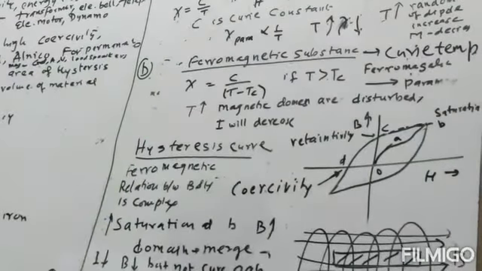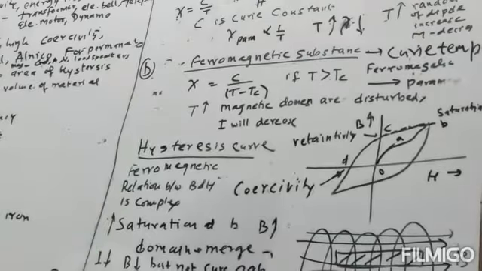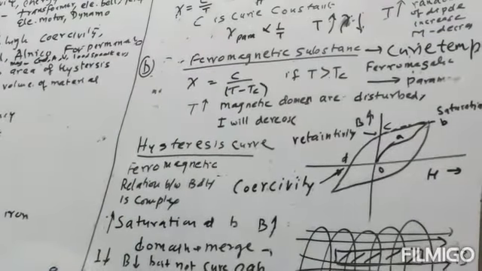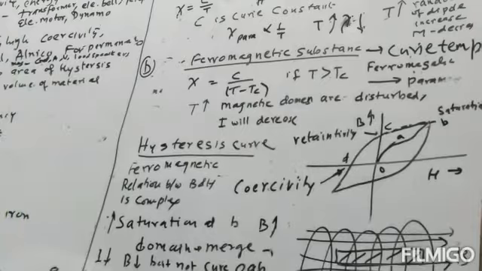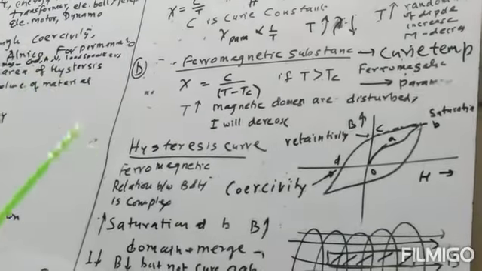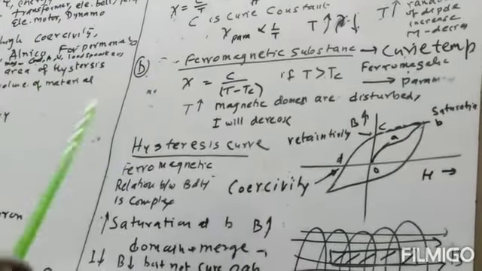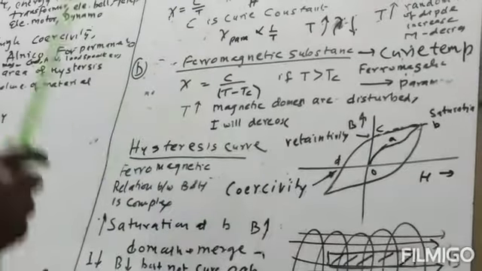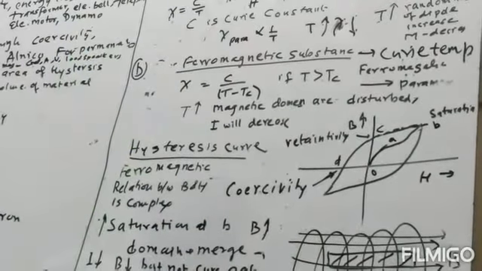Now what is the Curie temperature? As we increase the temperature, what will happen? For the ferromagnetic substance, the domains are there, and as we increase the temperature, the domains are split or divided, so the susceptibility will decrease.